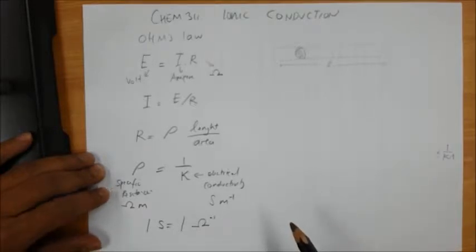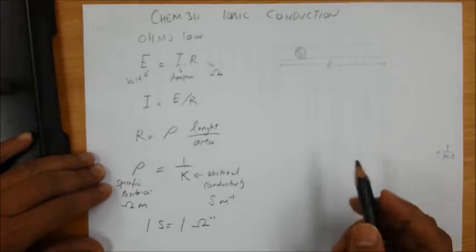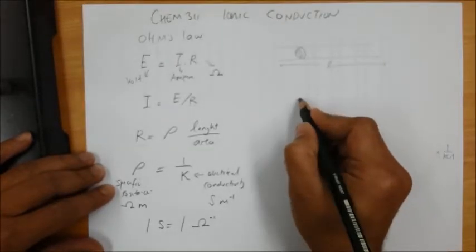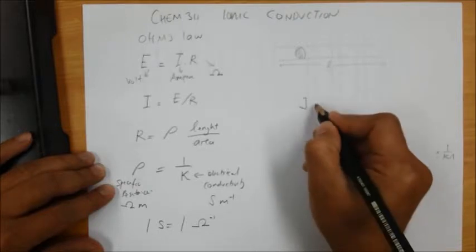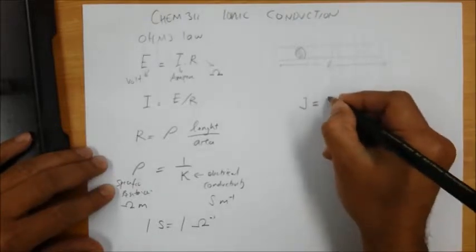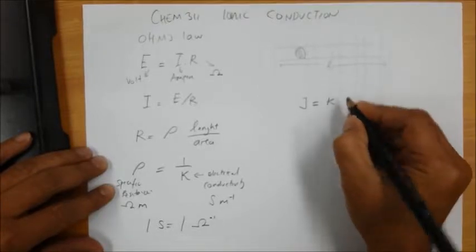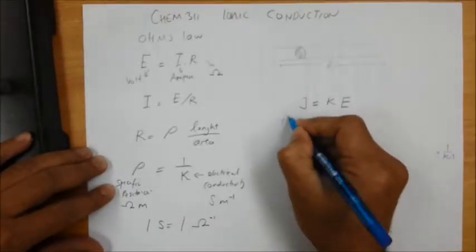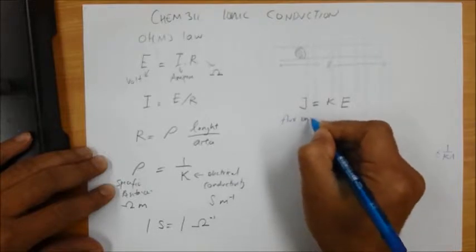Now if we bring this idea of resistance and electrical conductivity into a concept of ions, we will have the relation of the flux that equals kappa times potential difference. Now the physics of this equation is that this is the flux of ion, right?